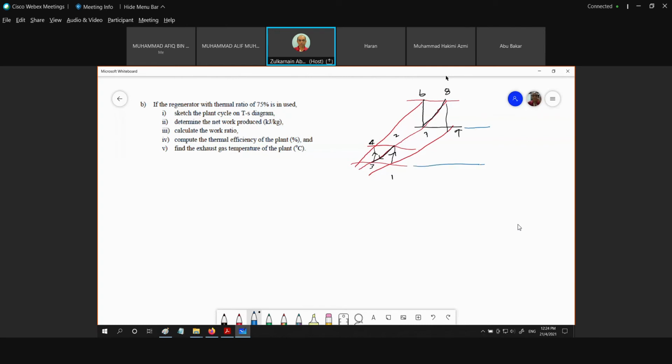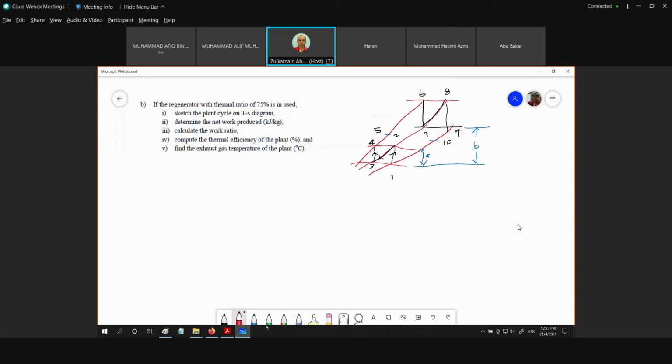So as you know, this is our temperature difference, which we call A. This is our temperature difference, which we call B. And the points 5 and 10 should be in between. Okay, let's say that is the point. So this is state 5, this is state 10.